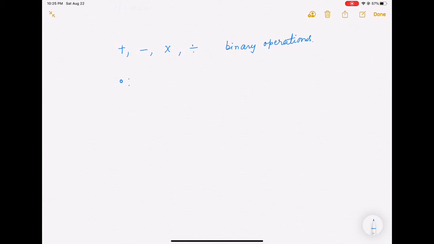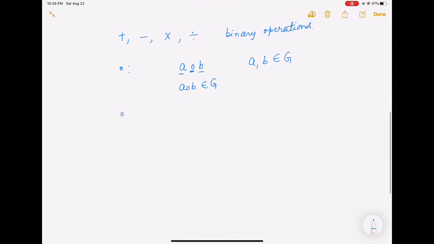Suppose we take A operator B. If this is a binary operator, it needs 2 operands, so suppose it operates on A and B. From where do these 2 elements A and B come? They belong to some set, suppose G. If A and B belong to G and this binary operator, the small circular dot, operates on them, then the element after operation belongs to G. So actually what is this dot?